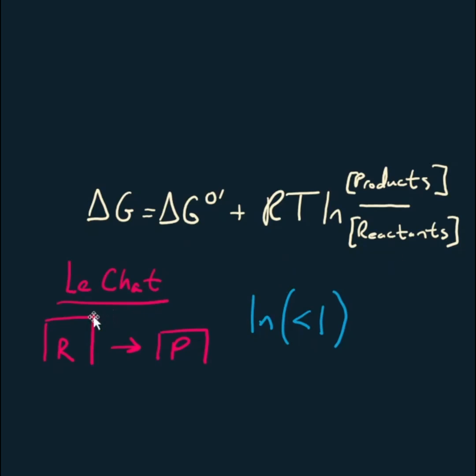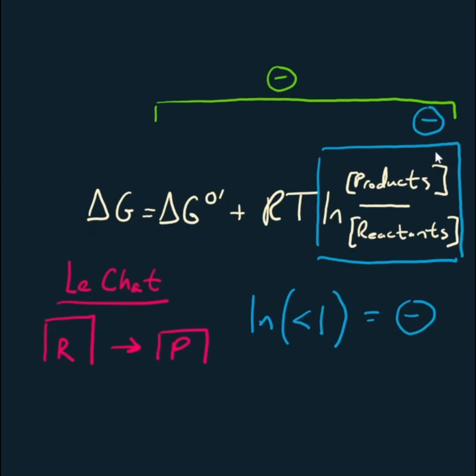Think about it: if we had a higher concentration of reactants, that means we have a higher denominator than numerator, so whatever value is inside the natural log is going to be less than 1. And a natural log of a fraction less than 1 gives you a negative value. So there's a higher probability that this equation is going to give you a negative value.